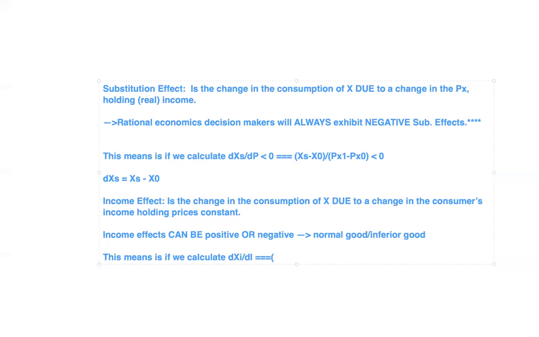So this dxi part is going to be x1 minus xs. So it's going to be the red distance that we talked about, divided by the change in income.